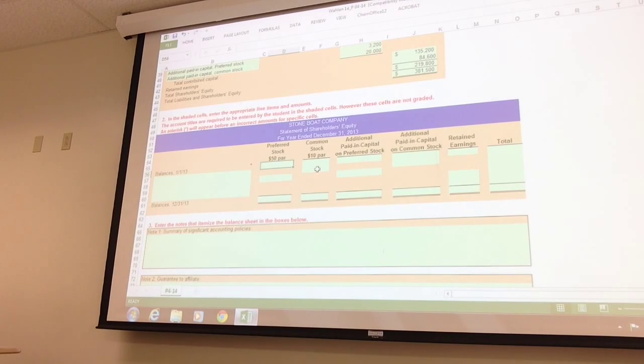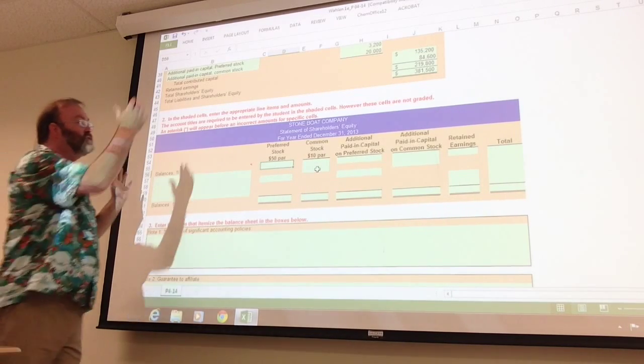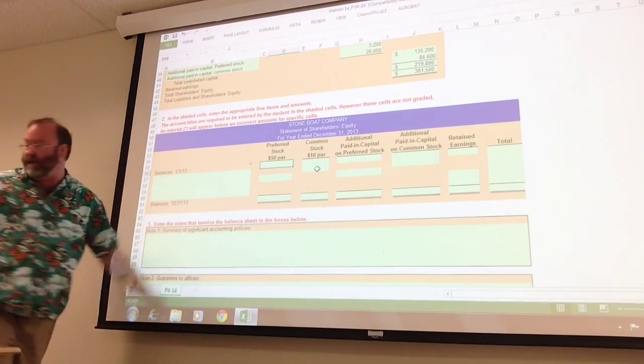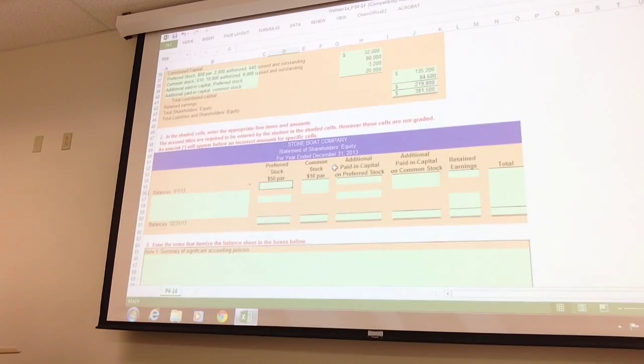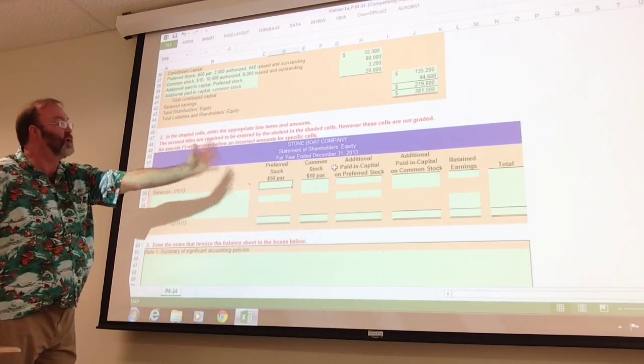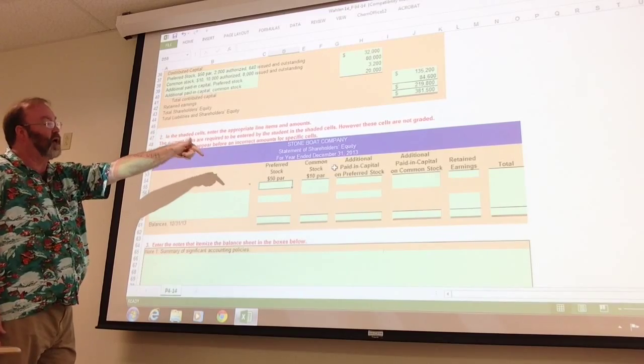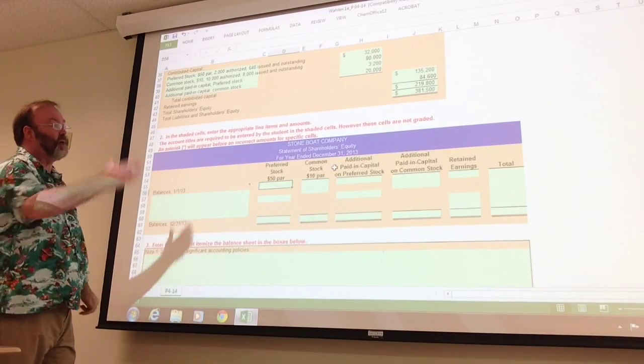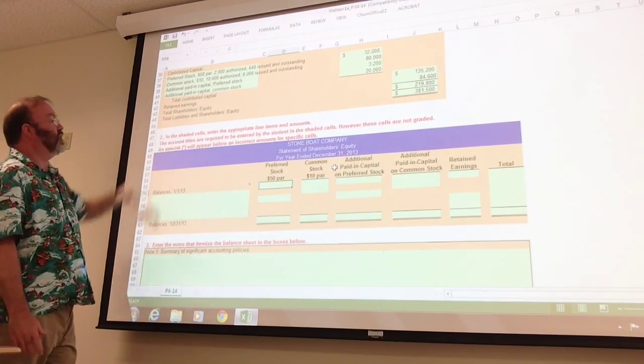All right. So for the statement of shareholders' equity, these are all the sections that are in the shareholders' equity section. So we have our 4 contributed capital accounts, preferred stock, common stock, and then the additional paid-in capital on both. And then we have retained earnings.